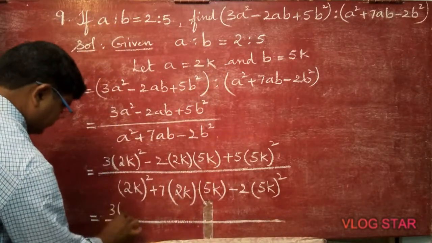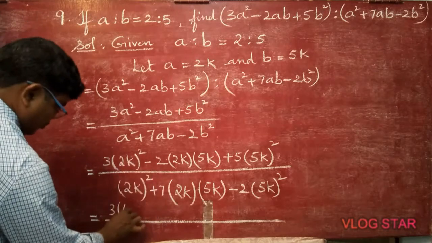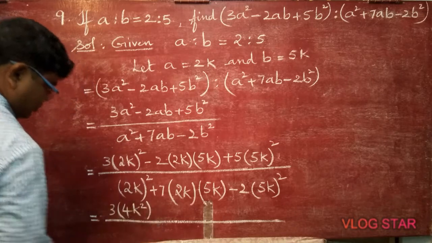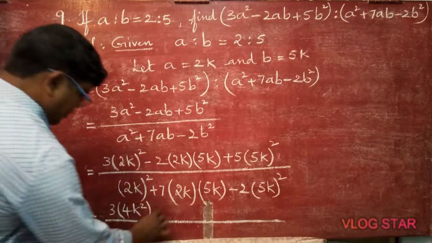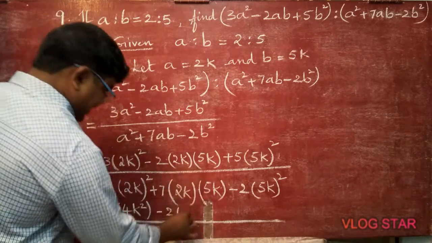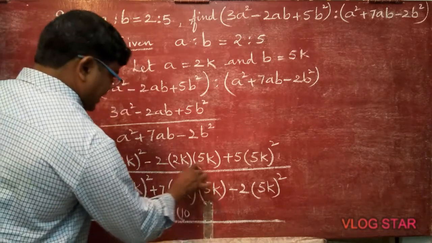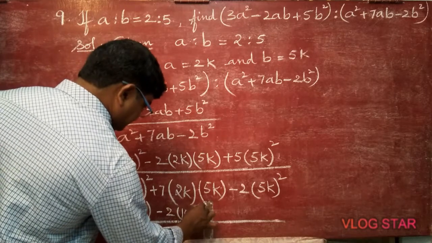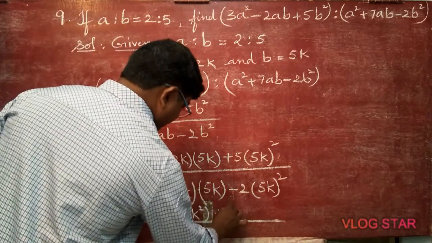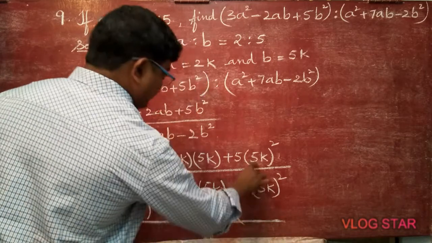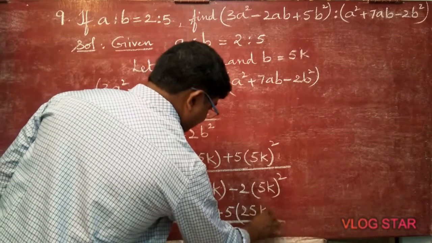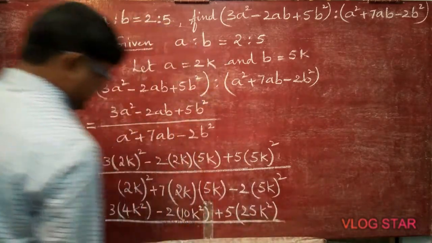3 into 2K whole square means 4K square. 2 2s are 4, K square, minus 2 into 2 5s are 10, K into K square, plus 5 into 5 5s 25, K square, means 25K square.